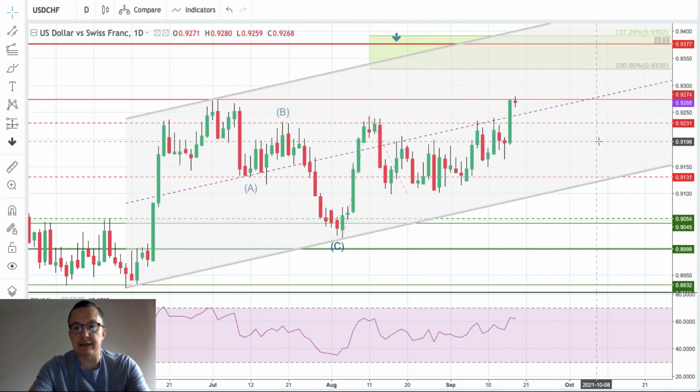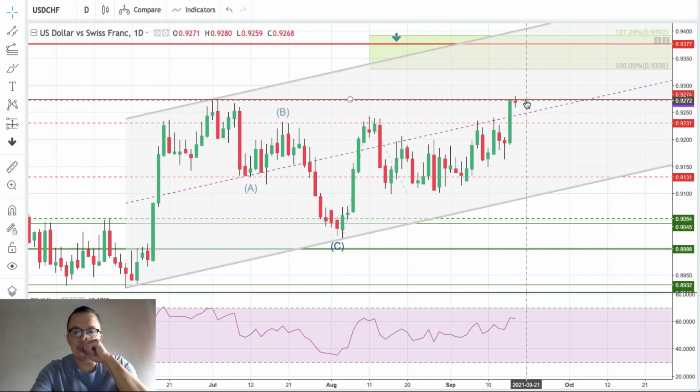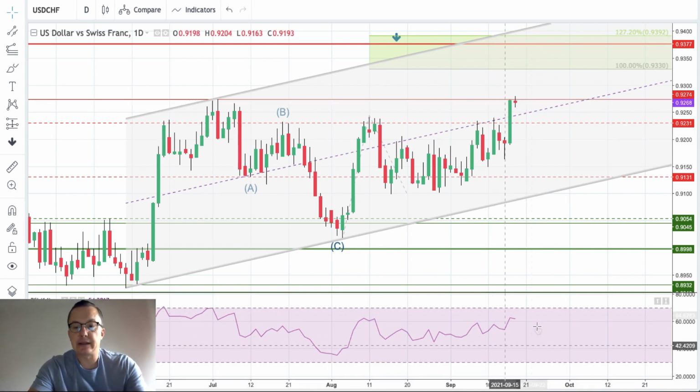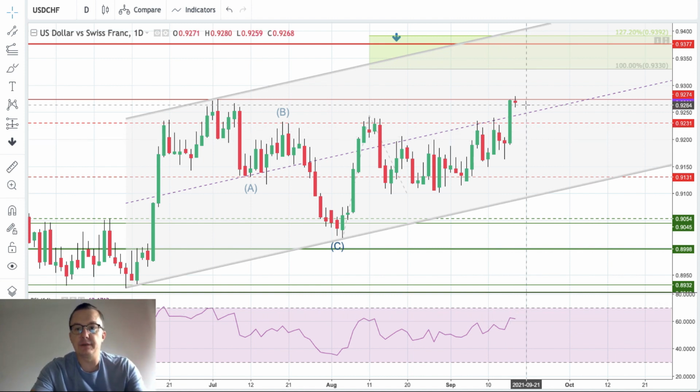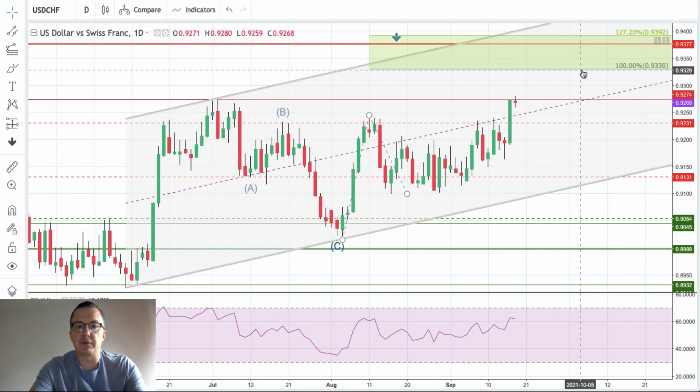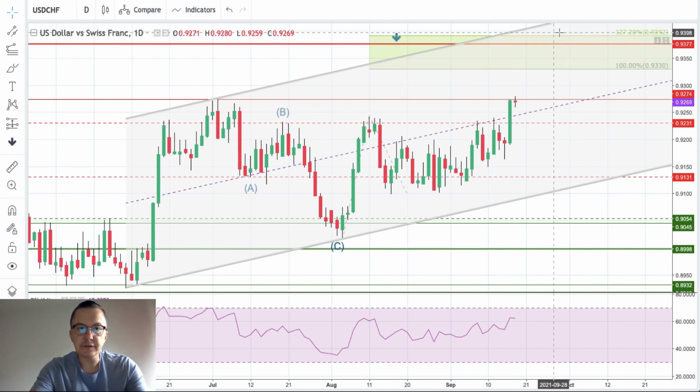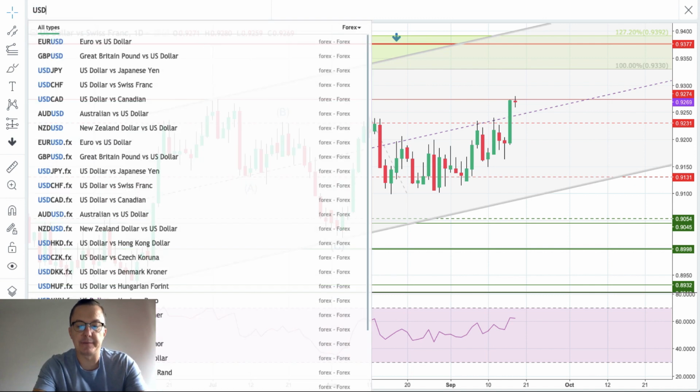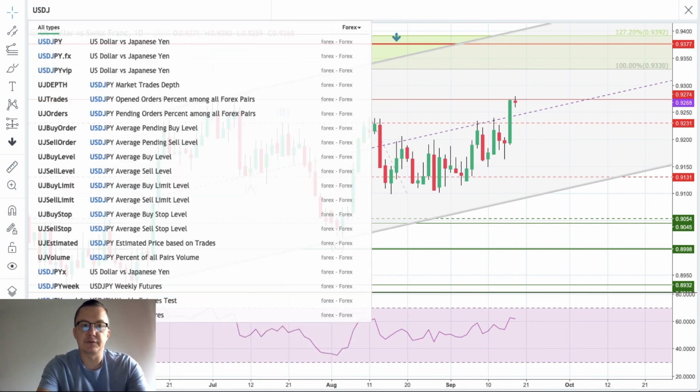If we break above 9,274, very bullish signal, because this is still positive and strong momentum to the upside, and we might be attacking 9,330 as a geometrical market geometry target for bulls, and 9,377 or 9,392 pips. So those are the targets for the US dollar to the Swiss franc.